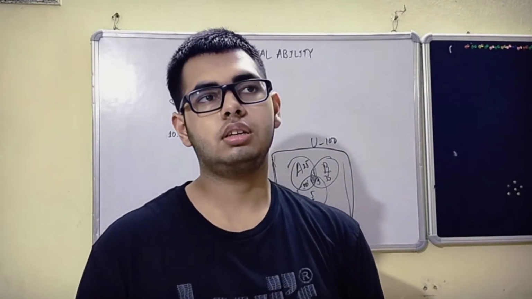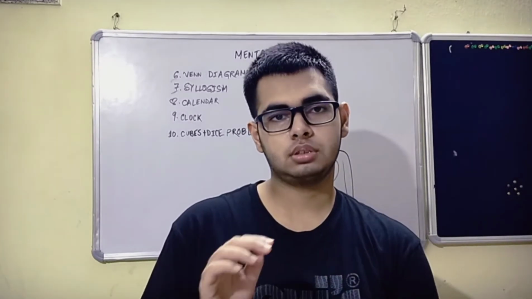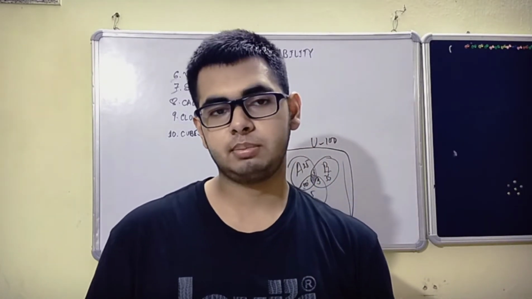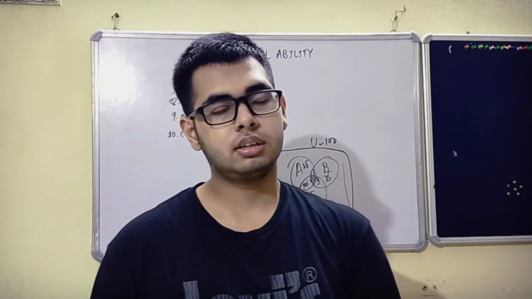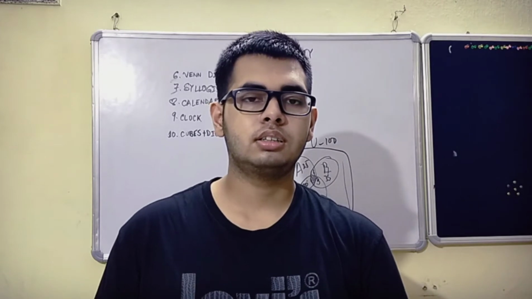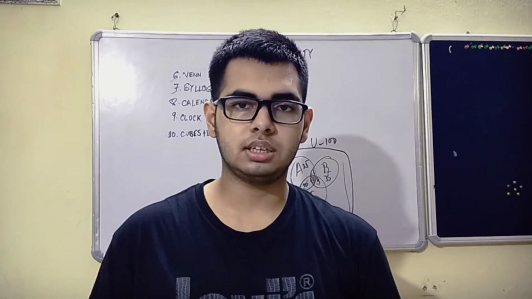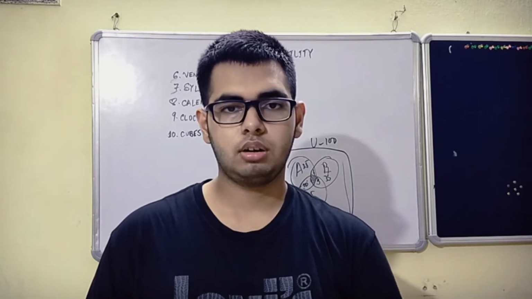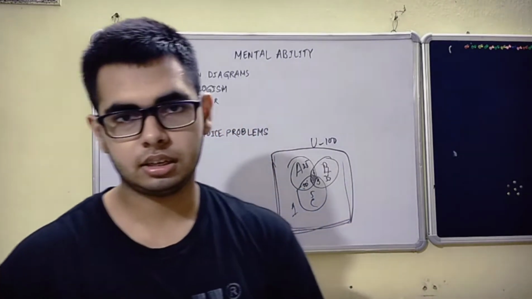What they'll do is they'll give you 3 or 4 statements, and on the basis of those statements they'll give you some conclusions, but the statements given in syllogism questions have no relation with the outside world. The statements will be like all mangoes are monkeys, all tomatoes are animals, all animals are birds, something like that.